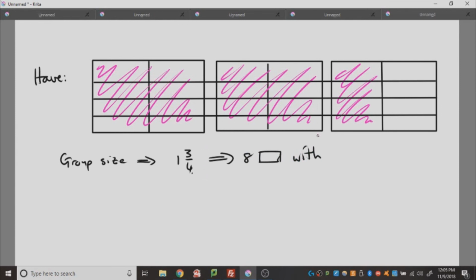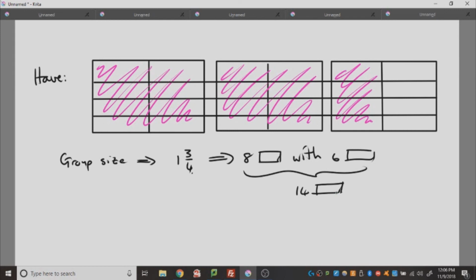So 3 out of 4 rows would be 6, for a total of 14. Some people like to draw that completely separately because they can't not see the pink. If you can manage to not see the pink while looking directly at it, then I just need to visualize a rectangle. It doesn't matter if I look at the ones I already have or new ones, it's the same rectangle. Any questions on the 14?